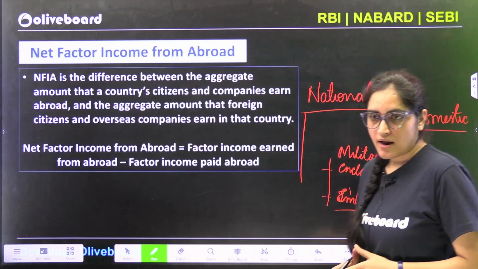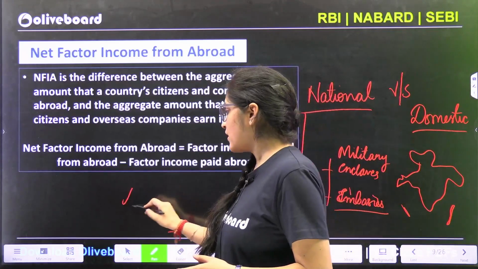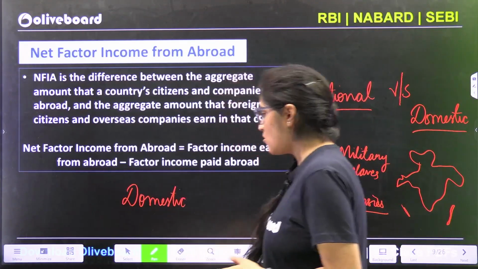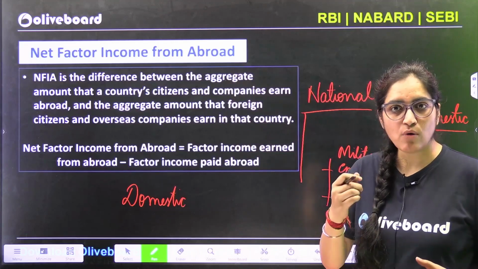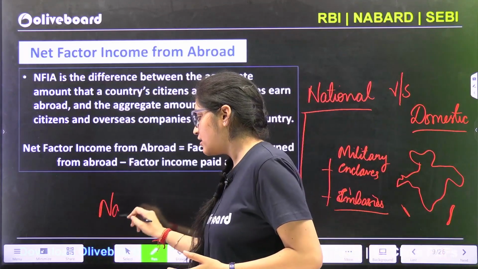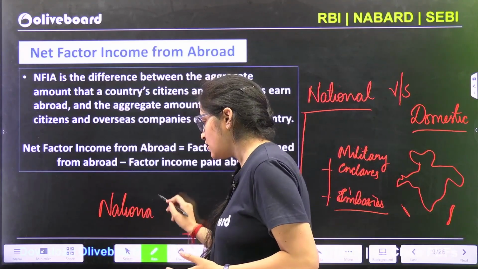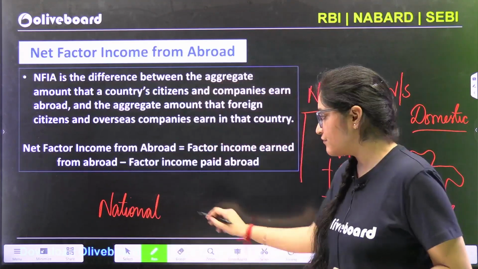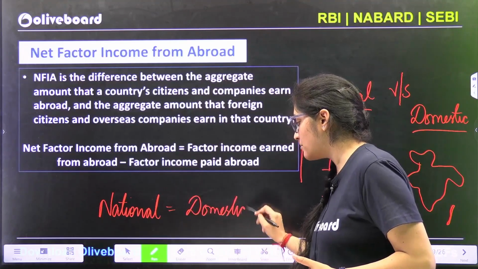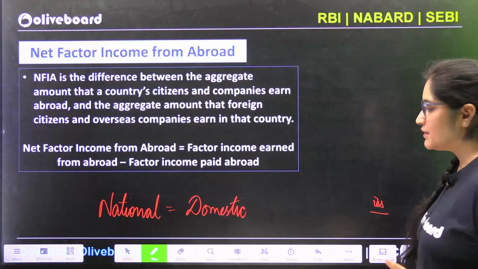If I am going to calculate national income, what do I have to add if what I am given is domestic income?